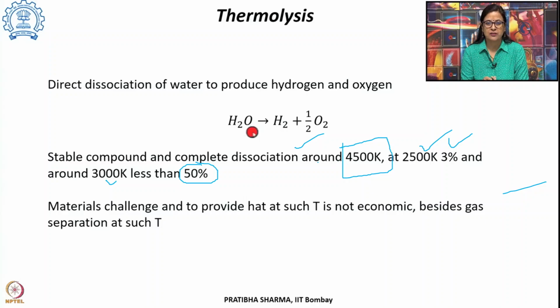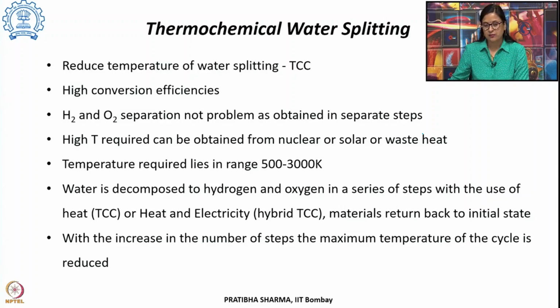Do you see that a higher amount of heat or temperature is needed for dissociating the water into its constituent elements, oxygen and hydrogen? So this process is very difficult to establish. That's why you have to move to other processes, such that the temperature can be reduced.